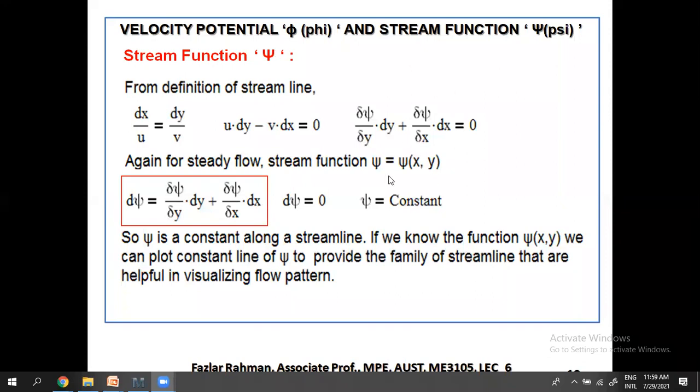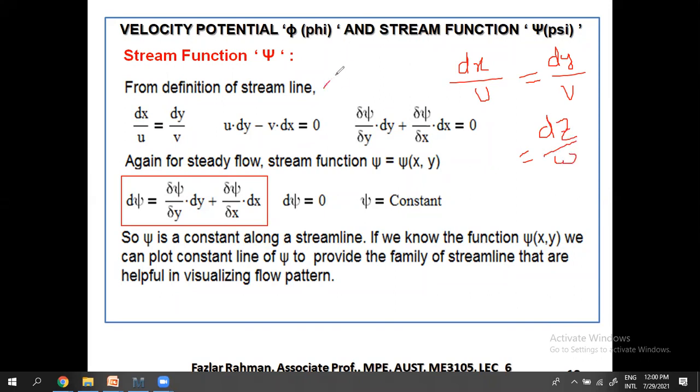If you look in lecture sheet 5, we worked with the streamline. As per the definition of the streamline, we found that dx divided by u equals dy divided by the y velocity component v, equals dz divided by w.